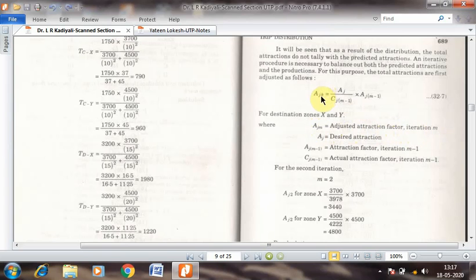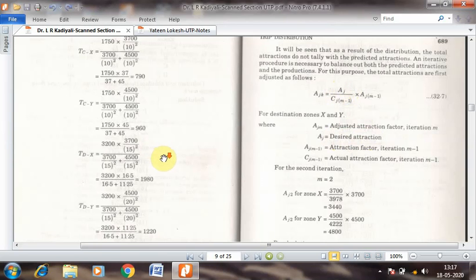This can be k as well as m. It depends upon the planner. So you can consider it as AJM. Now AJM is equal to capital AJ divided by CJ m minus 1 multiplied by AJ m minus 1, where Aj is the desired attraction. This we already have. Cj m minus 1 is the actual attraction factor in the previous step.